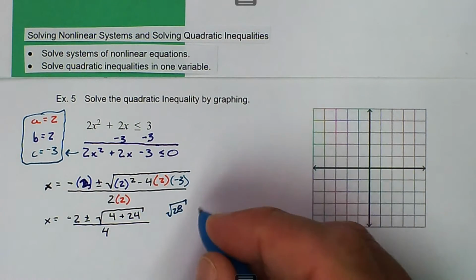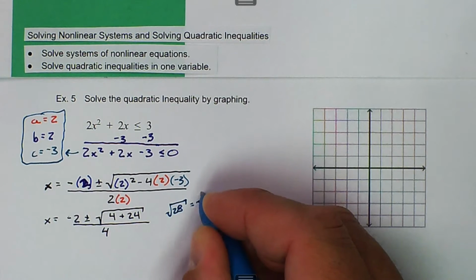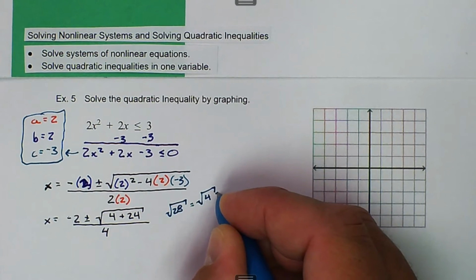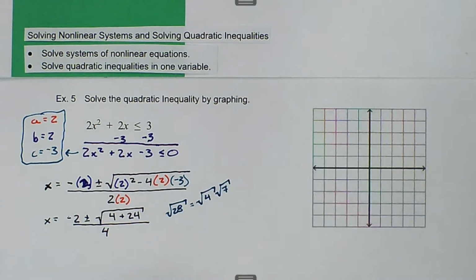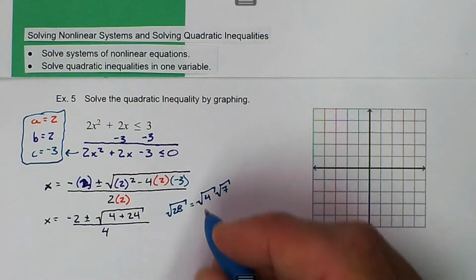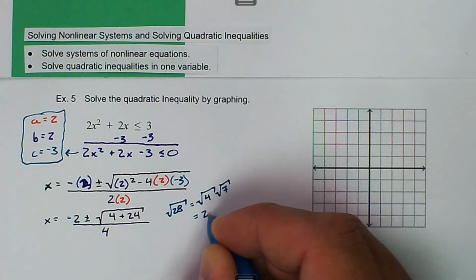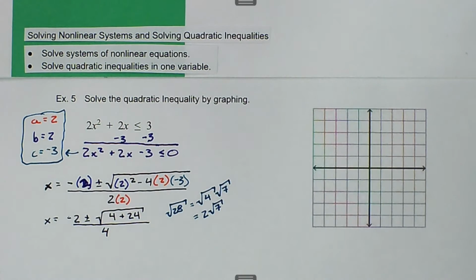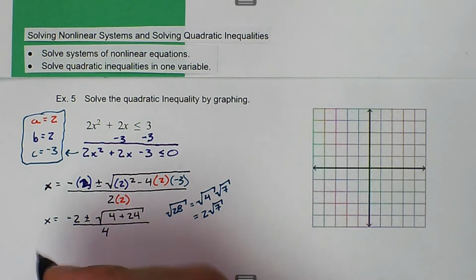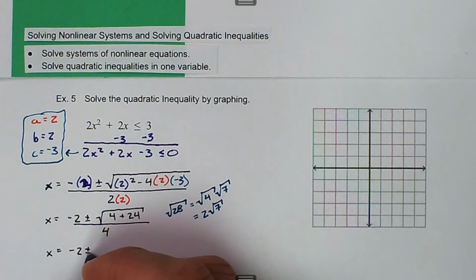And the square root of 28 can be written as the square root of 4 times 7. And that can be rewritten as 2 times the square root of 7. So we just rewrote what was under the radical there. And so we get x equals negative 2 plus or minus 2 square root of 7, all divided by 4.